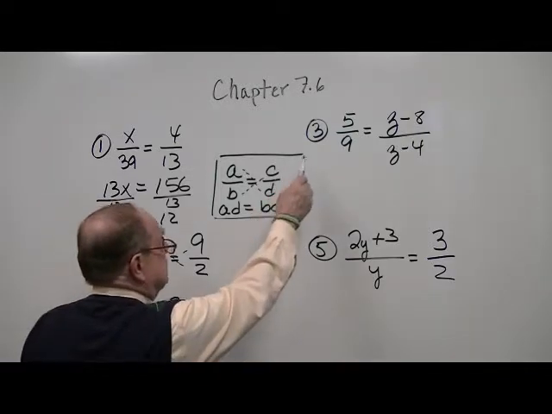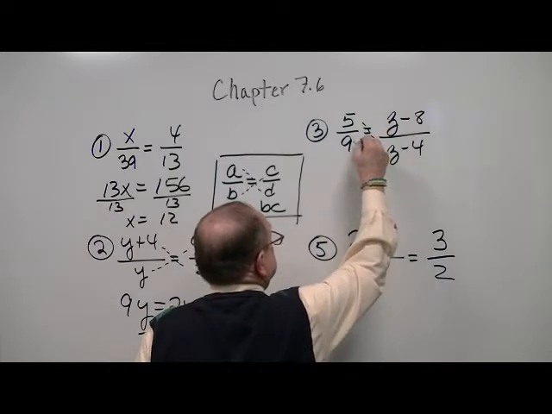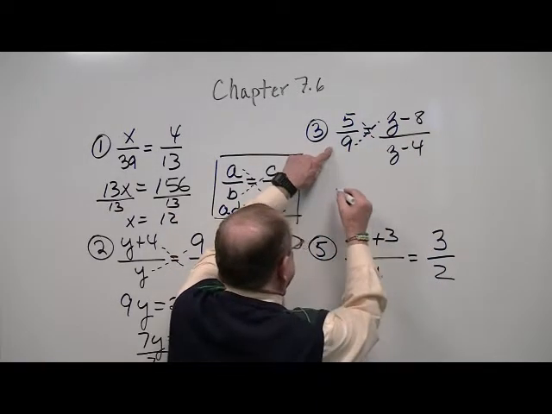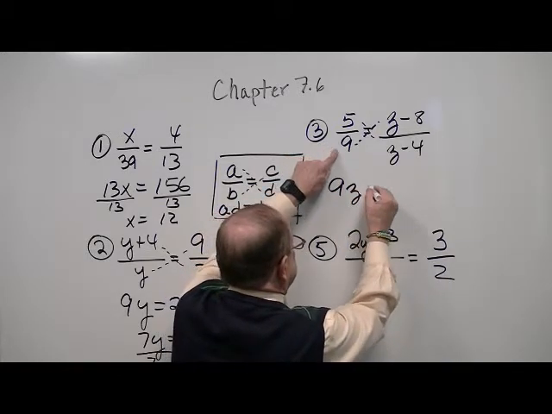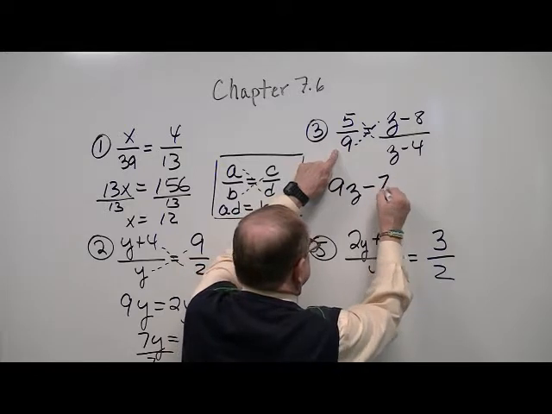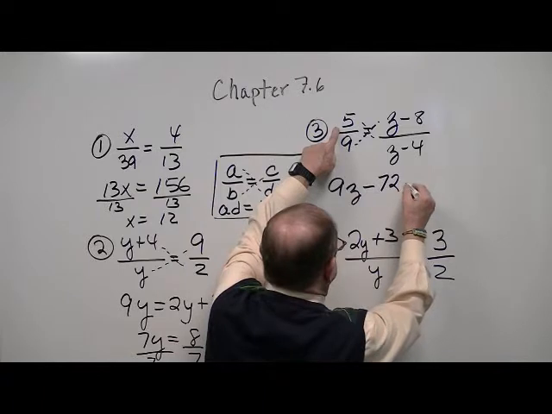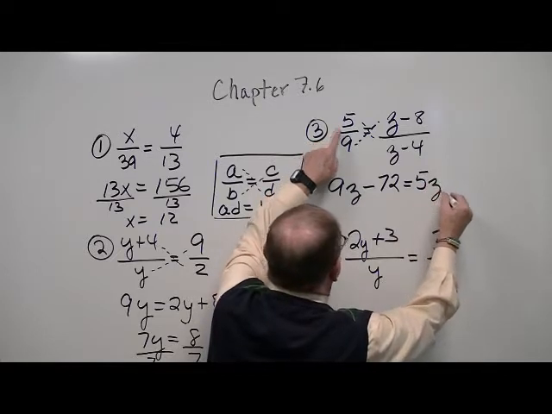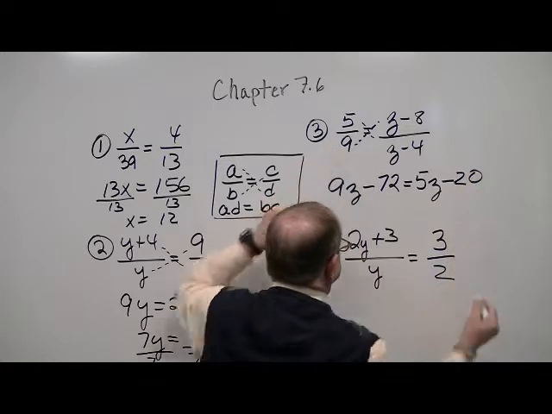Going on now to number 3, again, we're just going to cross multiply. This is going to be 9z minus 72 equals 5z minus 20.